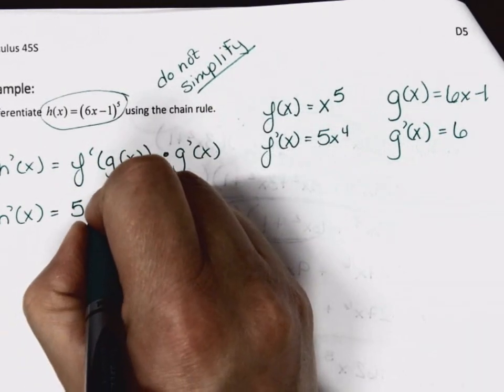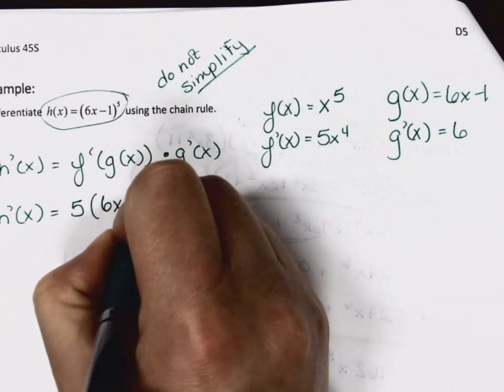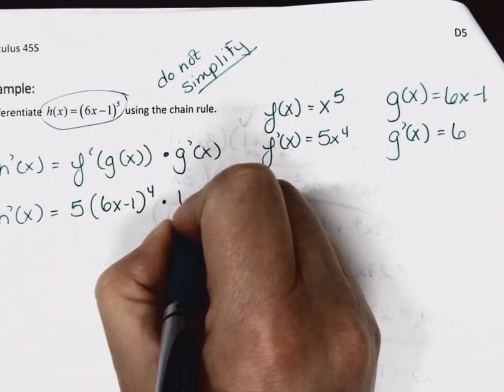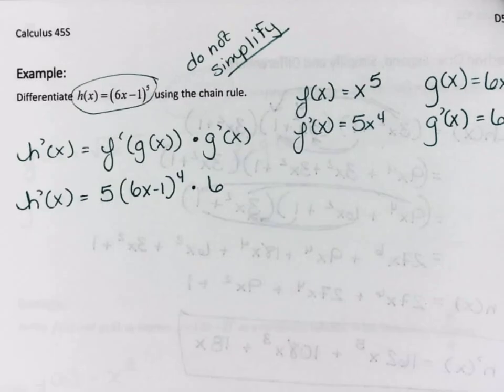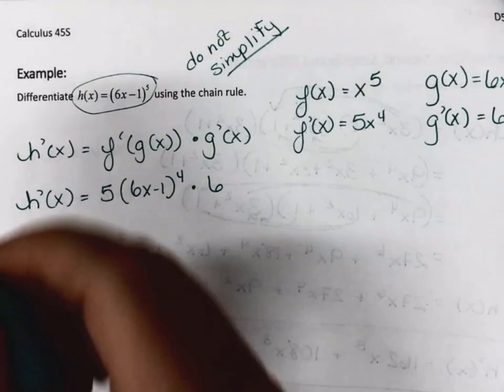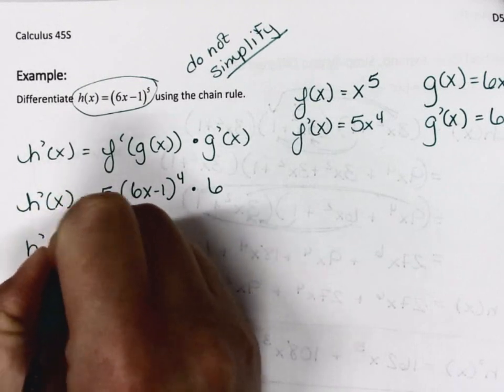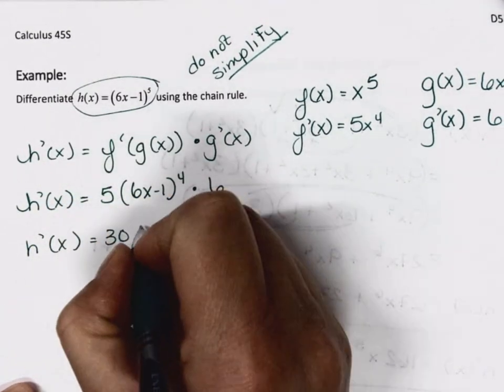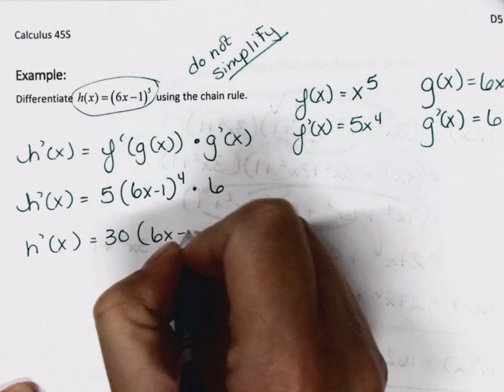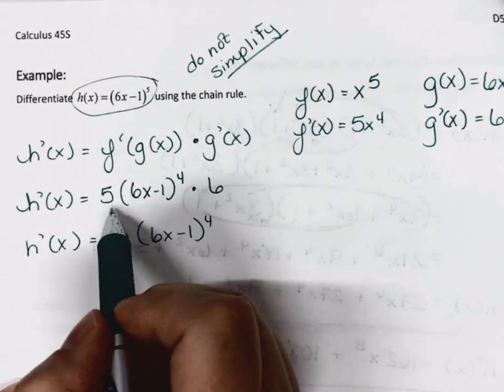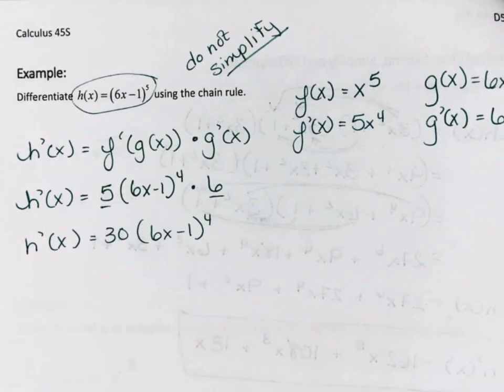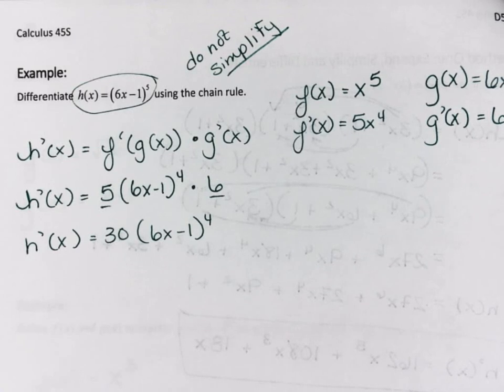And anywhere there's an x, I'm going to replace it with 6x minus 1. So I said do not simplify, so you could leave it like this, but I think I'll just tidy it up. Like I just multiplied those two together just to put the 30 in front, just so there weren't constants at the front and the back, just to make things a little bit nicer.